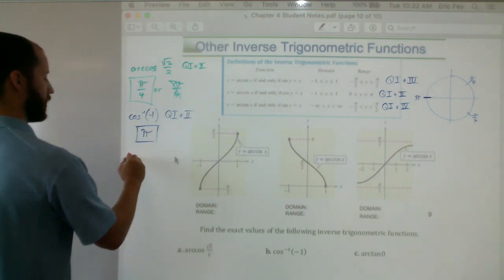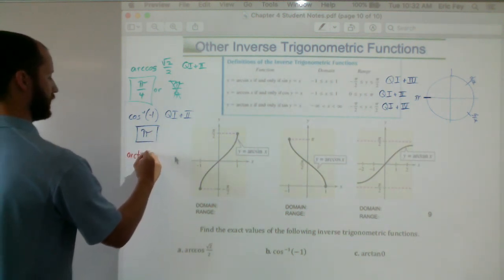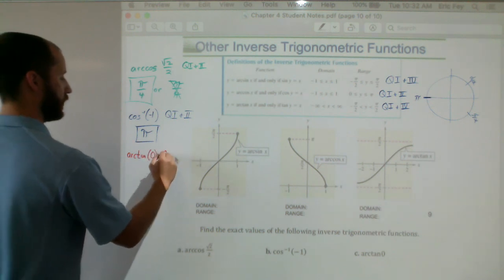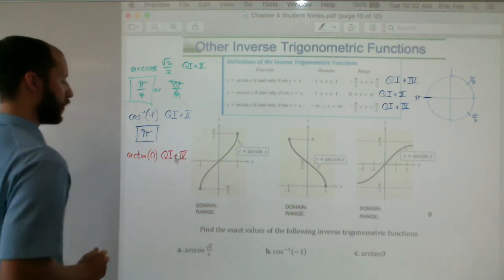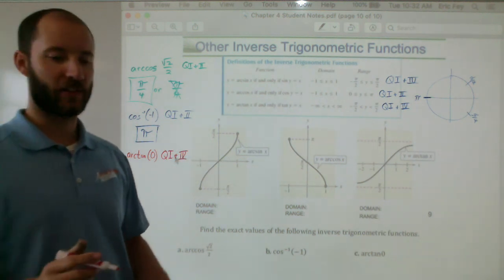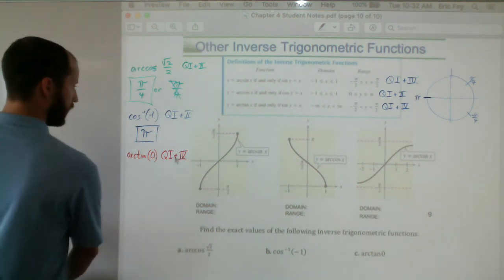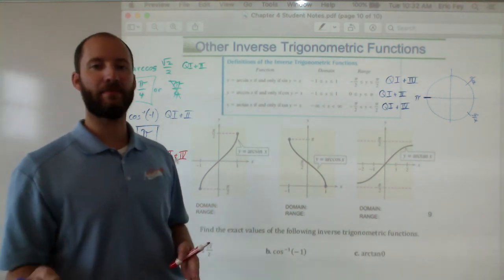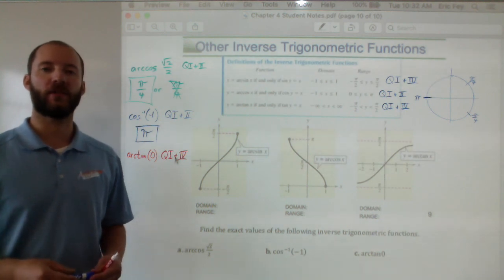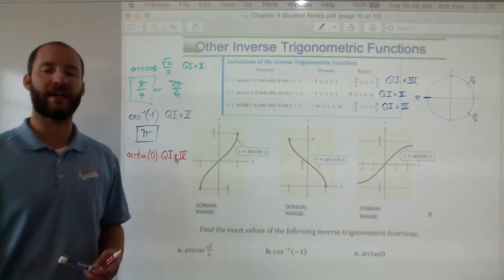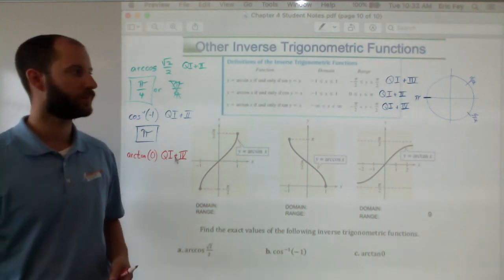Third example, arc tangent of 0. Now that's quadrants 1 and 4. So you need to think to yourself, where do you see y divided by x equaling 0? What ordered pairs on the unit circle, when you do y divided by x, equal 0?